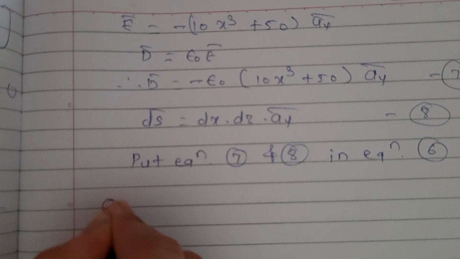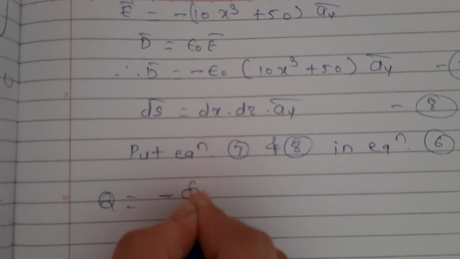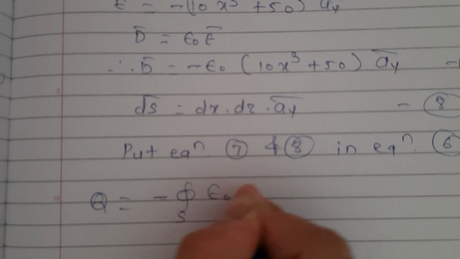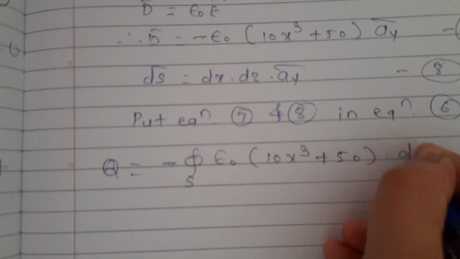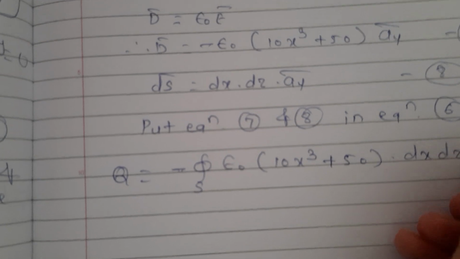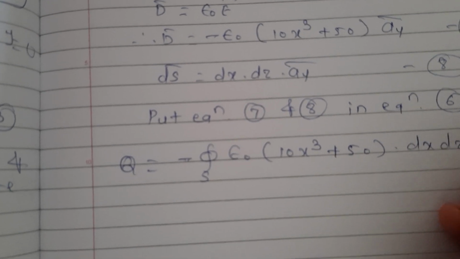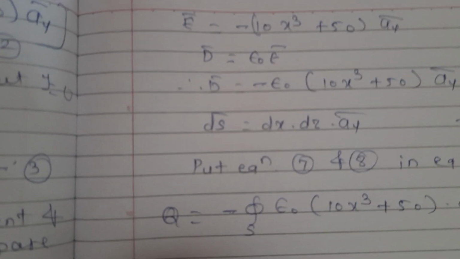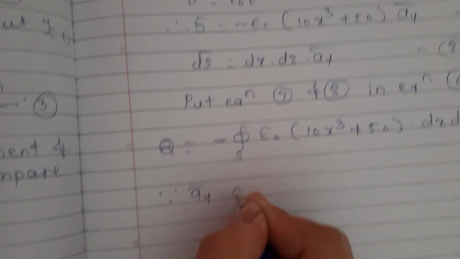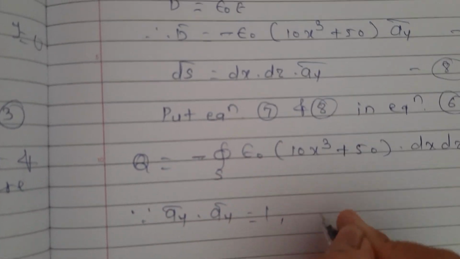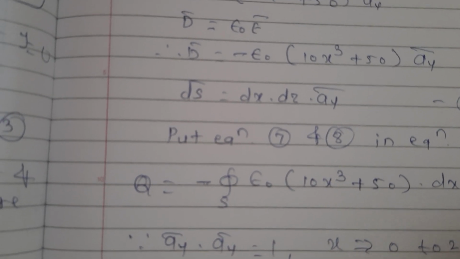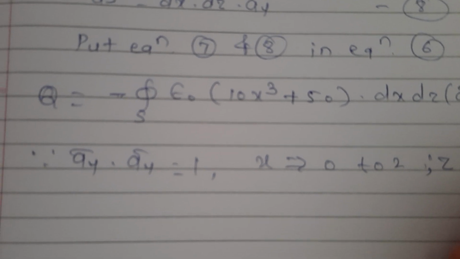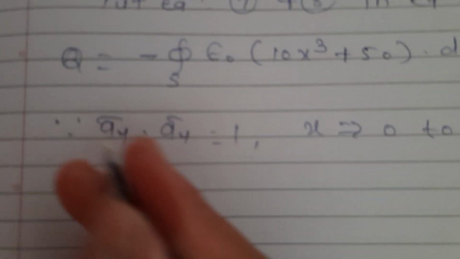So Q is equal to epsilon 0 times 10x cube plus 50 dx dz ay bar dot ay bar. But we know that ay bar dot ay bar is equal to 1, x varies from 0 to 2 and z varies from 0 to 1, which is given in the problem.